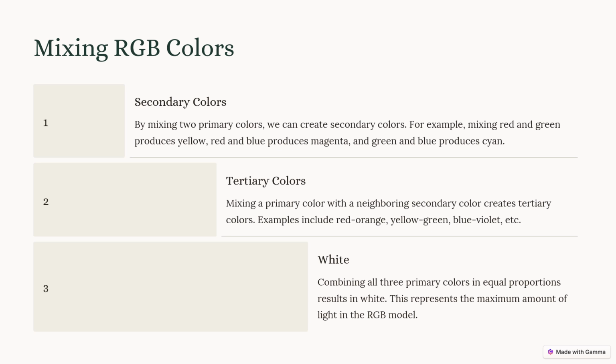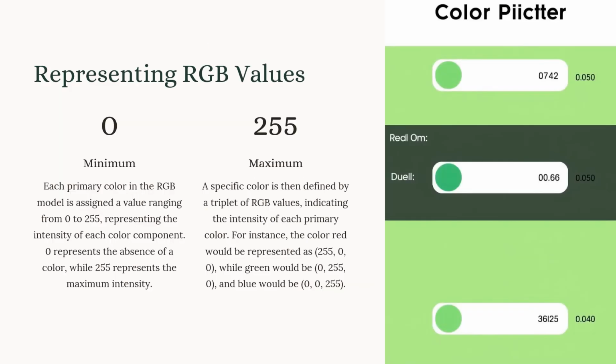White: combining all three primary colors in equal proportions results in white. This represents the maximum amount of light in the RGB model. In the RGB model, the minimum value is 0 and the maximum is 255. It creates colors based on how much we mix of the different layers.